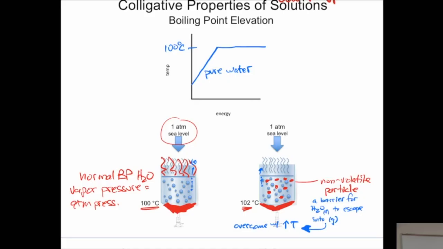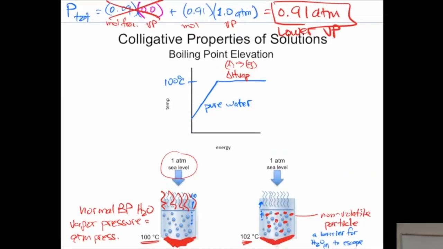Because remember, that's where the delta H of vaporization comes into play. That tells you how much energy is related to the conversion of the liquid phase into the gas phase. But if we put these non-volatile particles in there, we now need to get this more energetic, so we need to increase the temperature, and now we can get it to boil again.